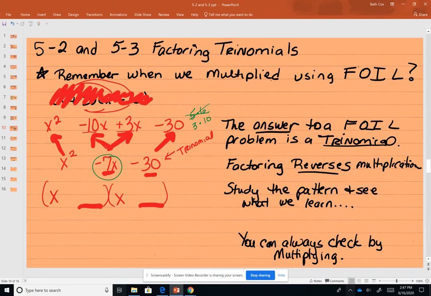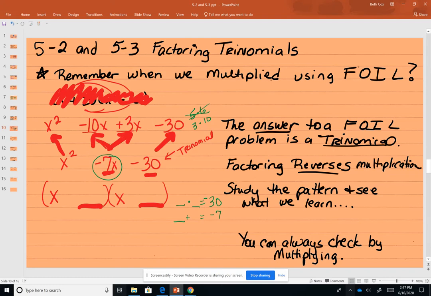These 2 numbers that I'm looking for, the 3 and the 10, are going to multiply to give me 30. And technically it's a negative 30. But when I put them together using addition, I'm going to get a negative 7. And the 5 and the 6 wouldn't do that.